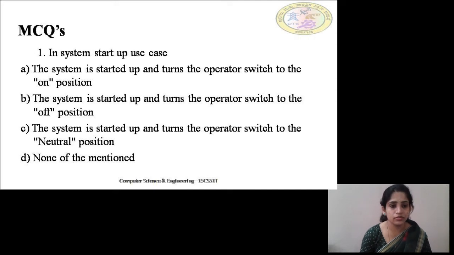First question, first multiple choice question. In the system startup use case, Option A, the system is started up and turns the operator switch to the on position. Option B, the system is started up and turns the operator switch to the off position. Option C, the system is started up and turns the operator switch to the neutral position.